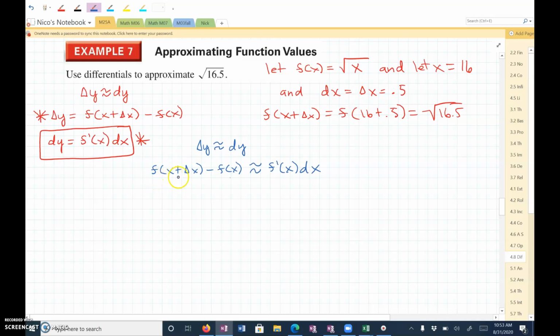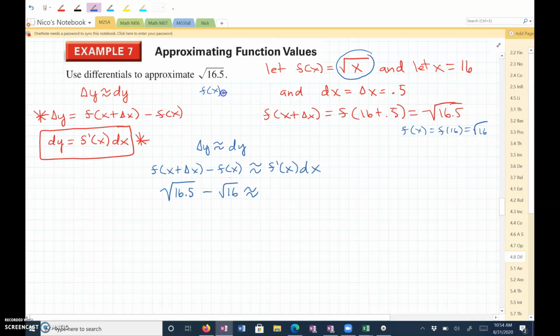Now, f of x plus delta x is the square root of 16.5, minus f of x. f of x would be equal to f of 16, which would be equal to the square root of 16, which is 4. Let's take the derivative of f of x, so the derivative of the square root of x.